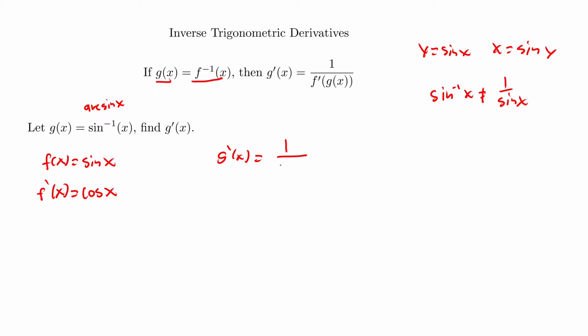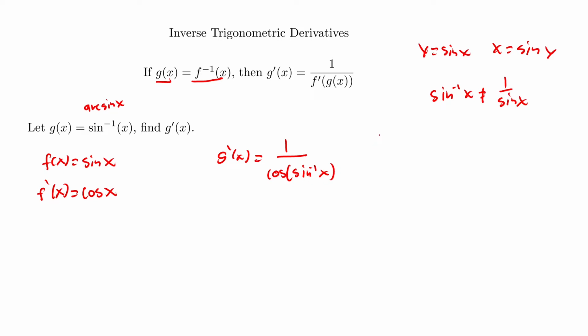So this is 1 over the cosine of g of x, which is the sine inverse of x. And you might say, how is that helpful? This looks confusing, but it turns out that this denominator can be simplified.